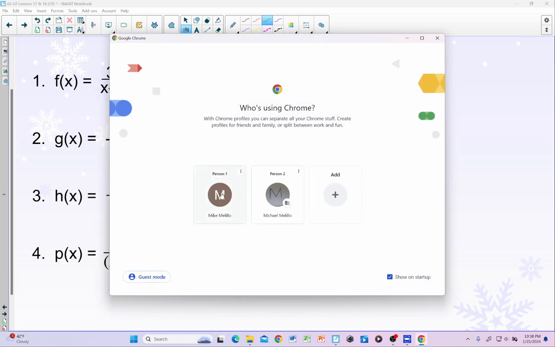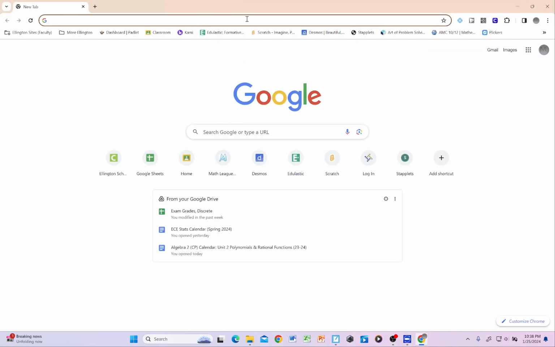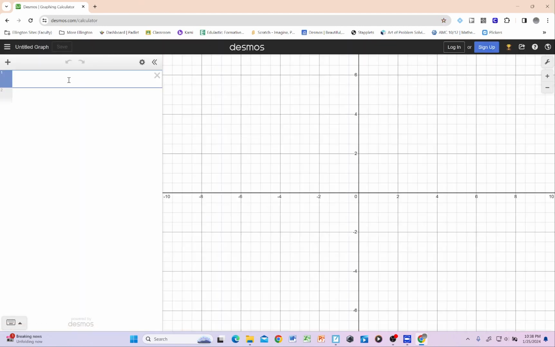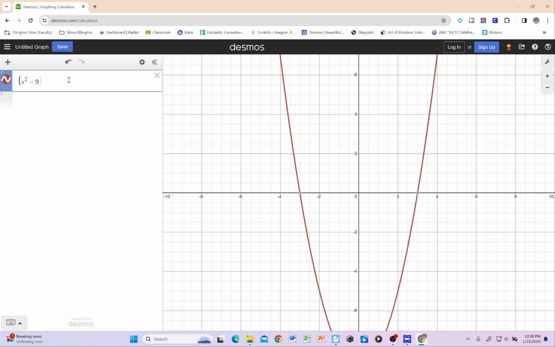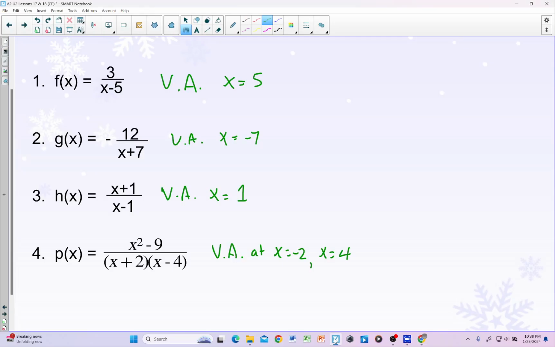Oh, wait, there we go. And here's Desmos. Okay, so that function was x squared minus 9 divided by, let me bring that up again, what was that function? It was x plus 2, x minus 4.